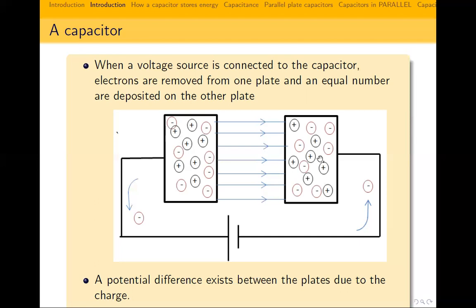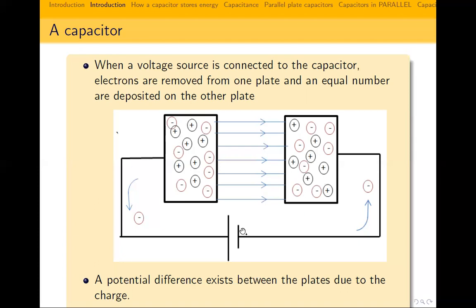When that happens, there will be what we call a potential difference. One plate will be at a potential different from the negative plate. So the difference in potential of the two plates is called the potential difference. That potential difference equals the source voltage.